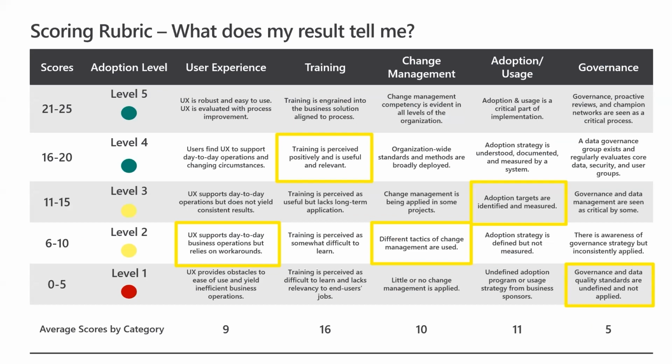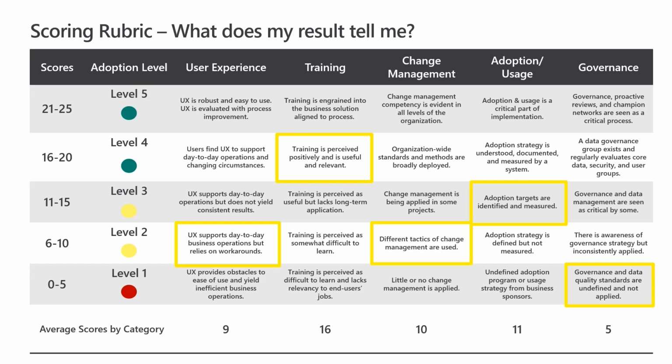All right, so let's zero in on the rubric. As a team lead using Dynamics or Power Platform, I might ask myself, how do I make sense of the data and what does this actually tell me? For one, I can see that I have an average baseline of the level 2s across user experience and change management. Clearly, this is an area of opportunity for us.